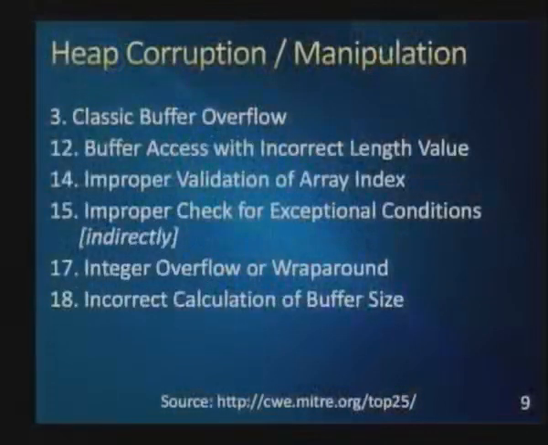If we look further in the top 25, here are areas from the top 25 that are related to heap corruption or heap manipulation. So about a quarter of the top 25 is related to heap problems. You've got your classic buffer overflow, buffer overruns, improper validation of array indexes, various problems with buffers.